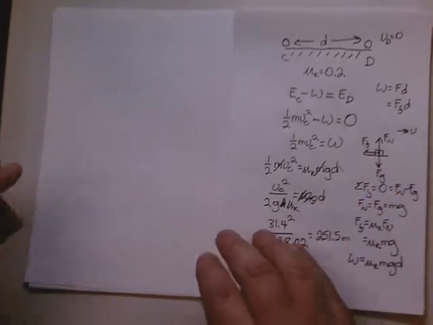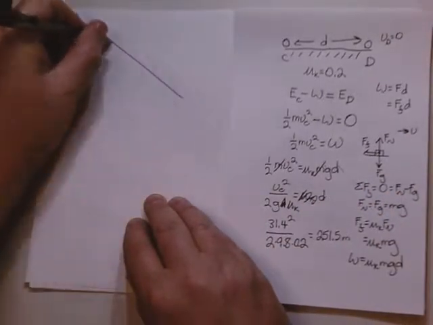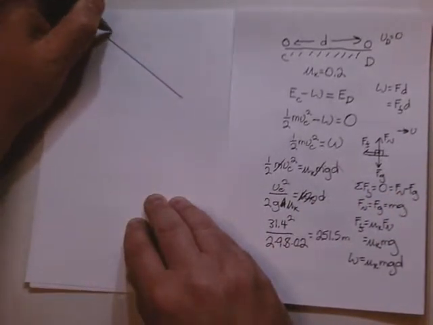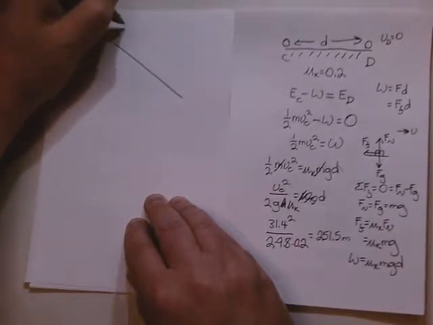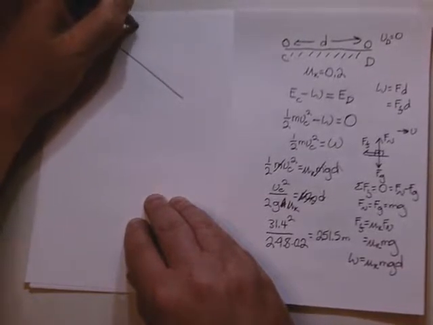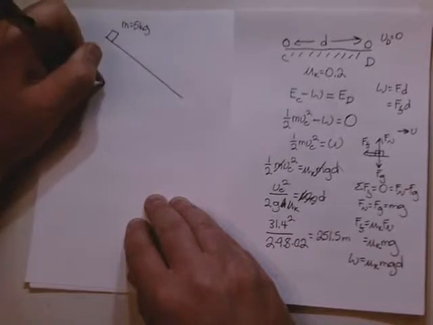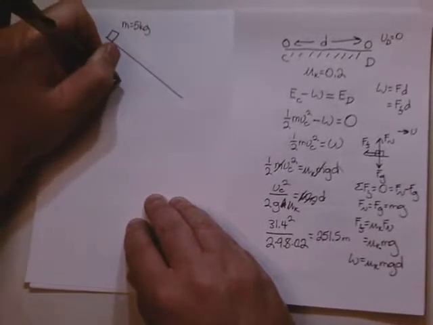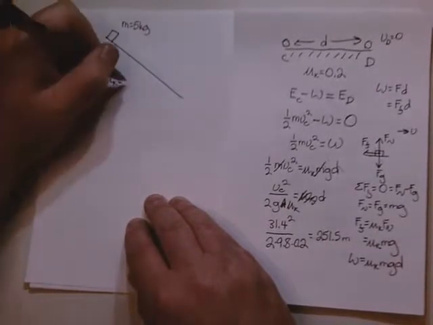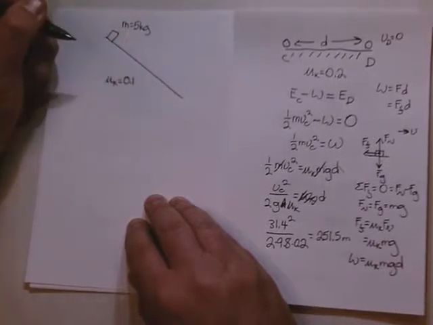All right, so we have a slope, and a mass of 5 kilograms. We have a coefficient of kinetic friction, which is 0.1.